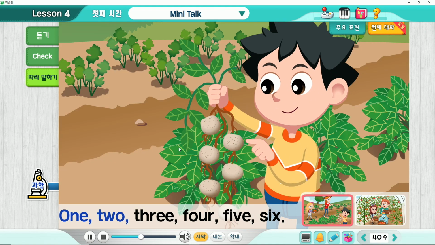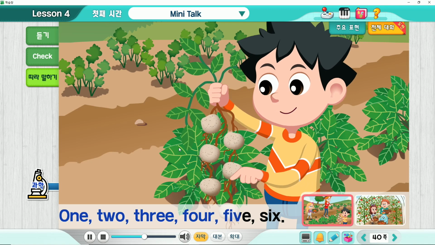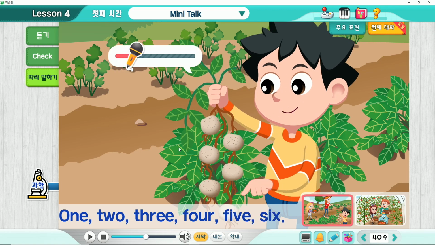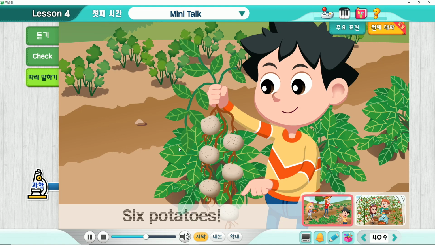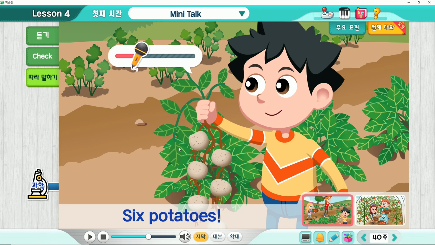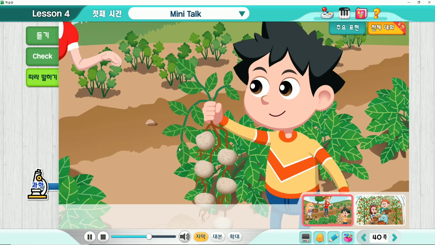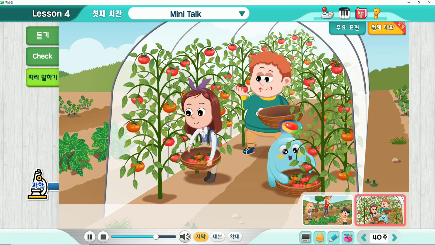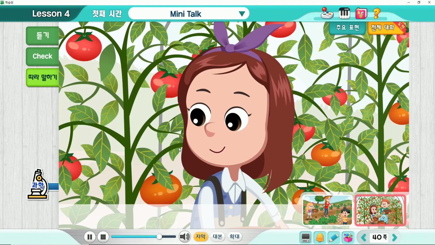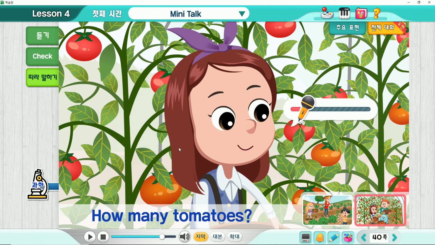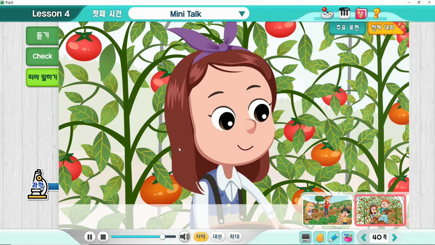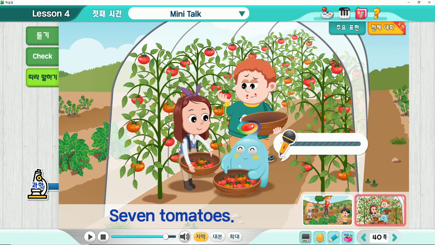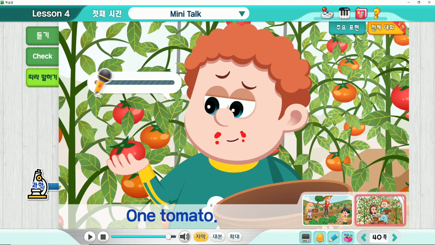One, 2, 3, 4, 5, 6. 6 potatoes. How many tomatoes? 7 tomatoes. 1 tomato.